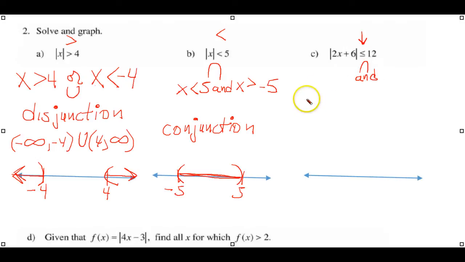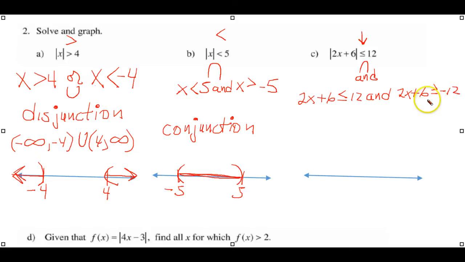And we'll set it up for you. It's 2x plus 6 is less than or equal to 12, and 2x plus 6, have to reverse the signs, is greater than or equal to negative 12.